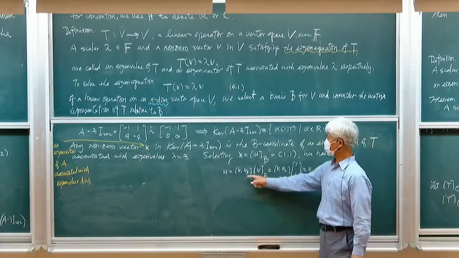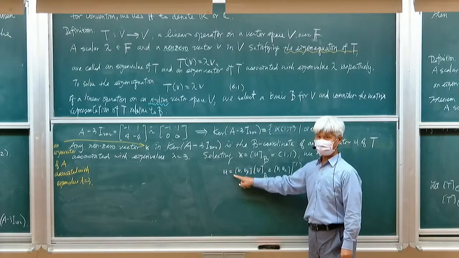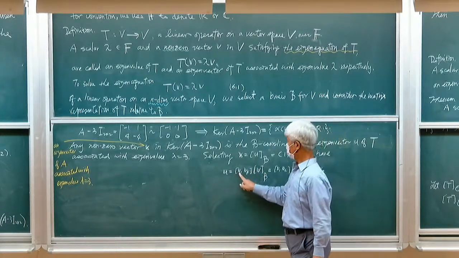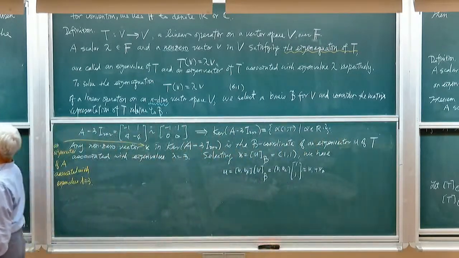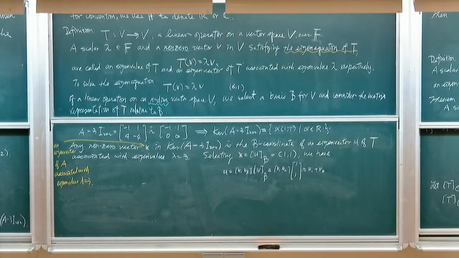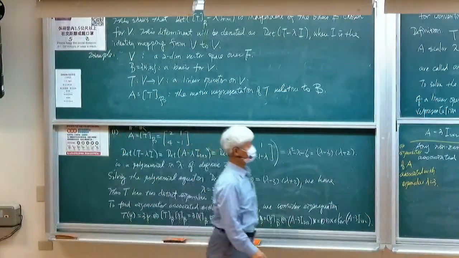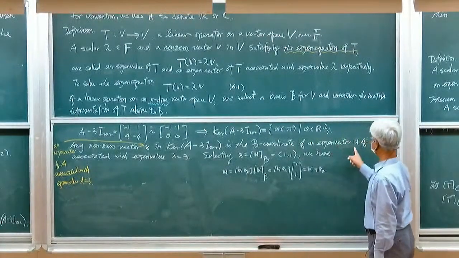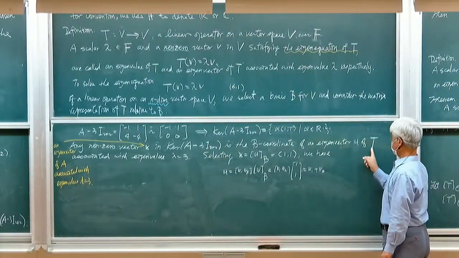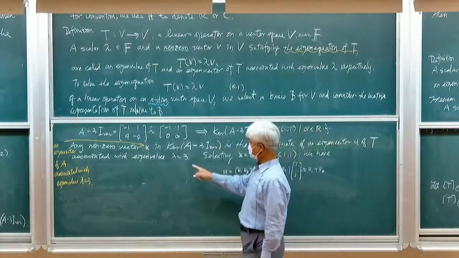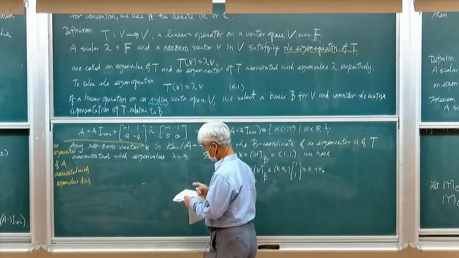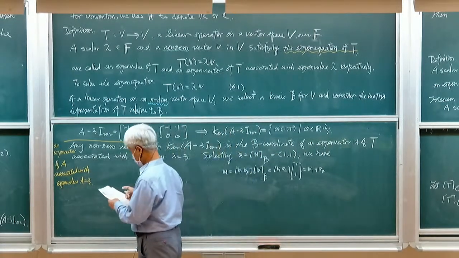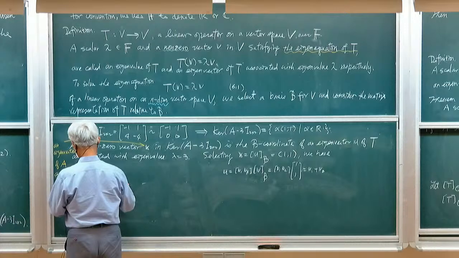So this is a linear combination. We recover back. Remember V1, V2 are the vectors in the basis B. So V1 plus V2 is an eigenvector of T associated with eigenvalue equals 3. Okay, so we have done.